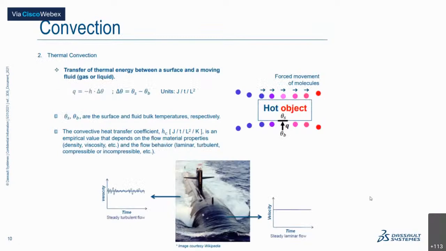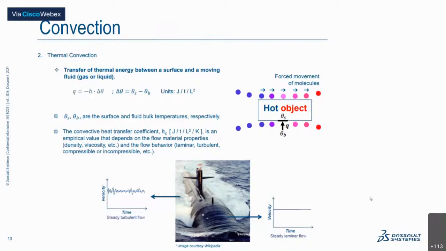Then convection is where the transfer of thermal energy happens when a surface is moving through a fluid. In the example shown here, we have a submarine. The submarine is moving through the fluid, so there's a heat transfer that happens between them. Now the equation for heat transfer for convection is on the screen. So it's Q, the heat flux, is equal to minus h d theta, that is the change in temperature.